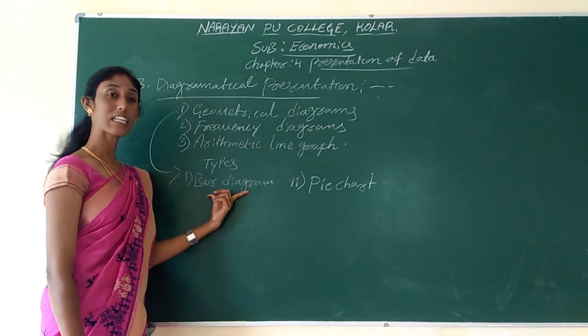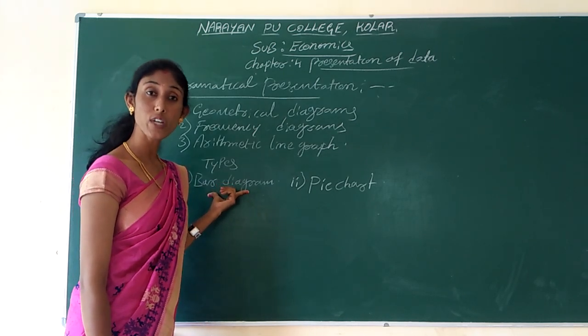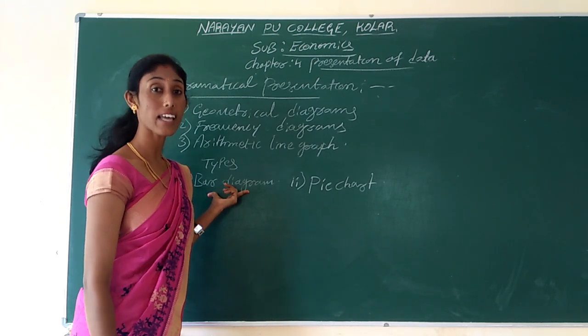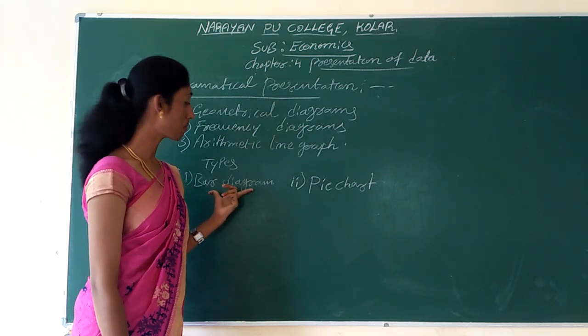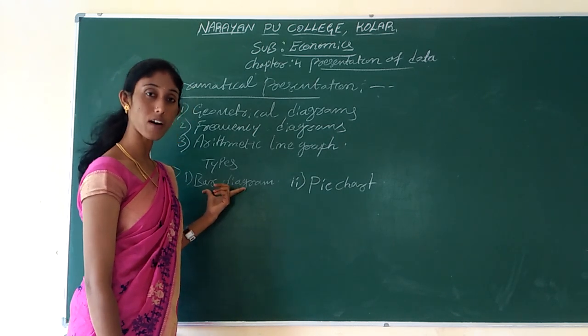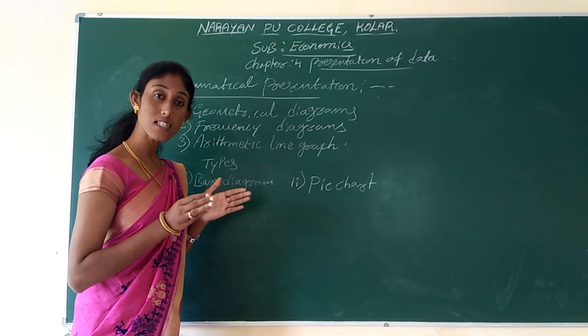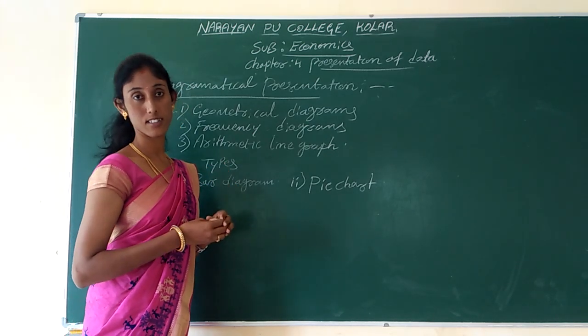We all know that a bar diagram is a group of equidistant or equi-spaced rectangles for the classes of data. Understood?